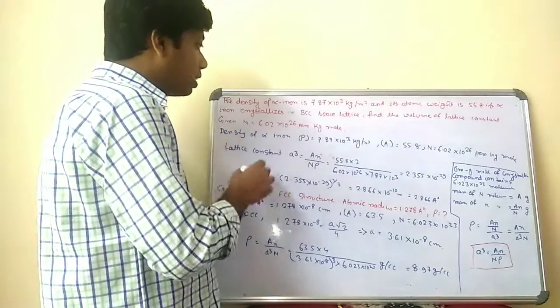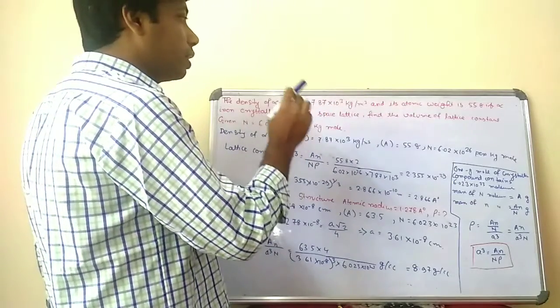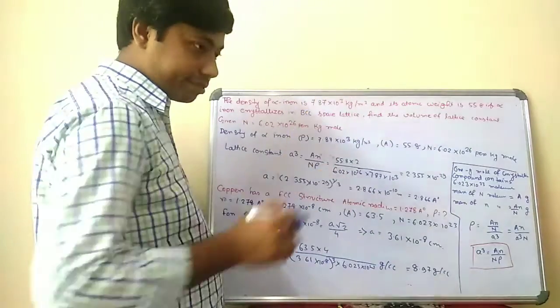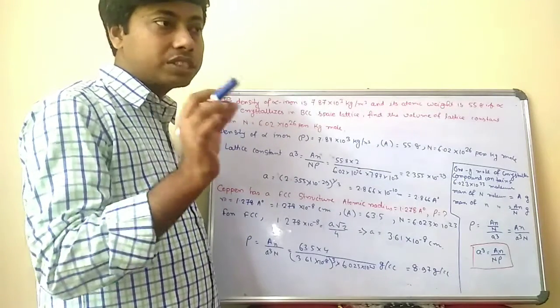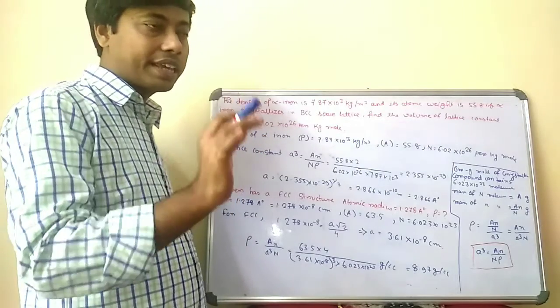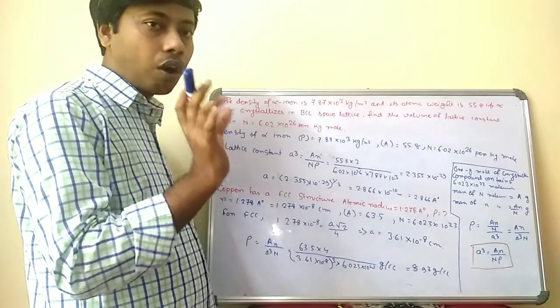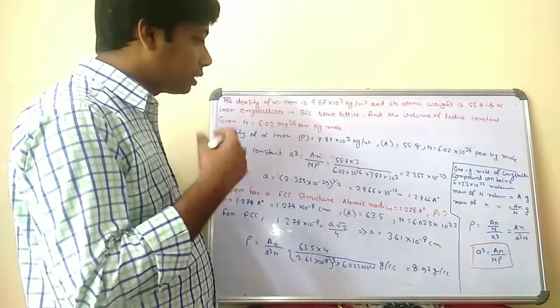So you have to calculate the lattice constant, only the volume of the lattice constant. In a particular cubic crystal structure, the lattice constant is A, the length of the cube. Now you have to calculate A.